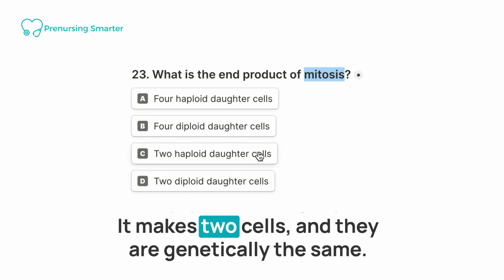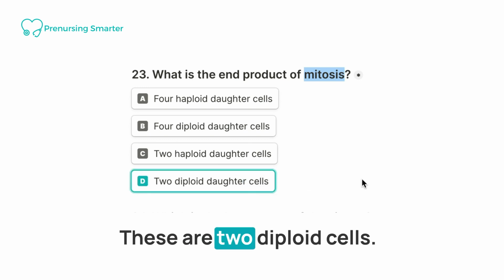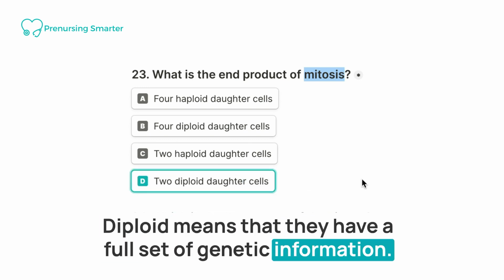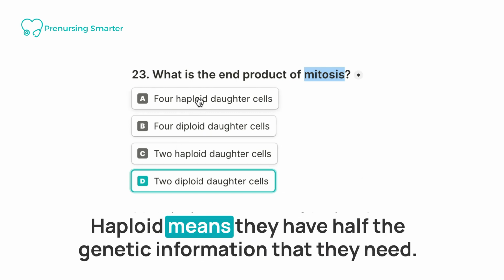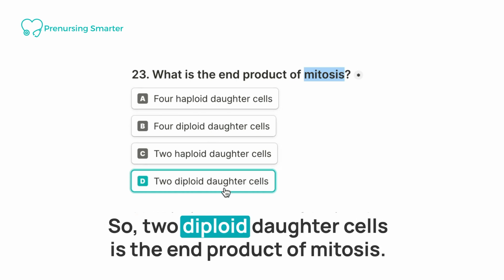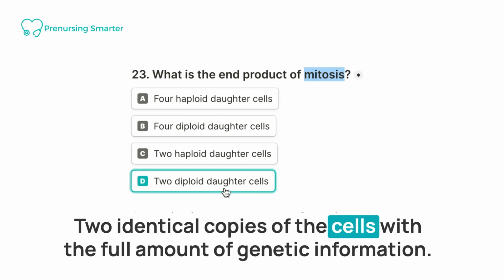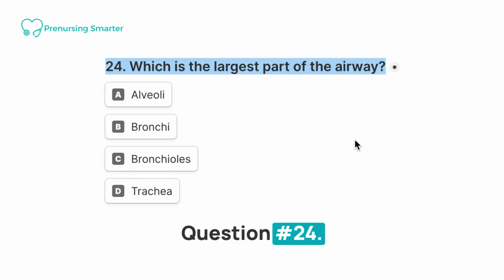It makes 2 cells, and they are genetically the same. These are 2 diploid cells. Diploid means that they have a full set of genetic information. Haploid is almost like half. Haploid means they have half the genetic information that they need. So 2 diploid daughter cells is the end product of mitosis, 2 identical copies of the cells with the full amount of genetic information.